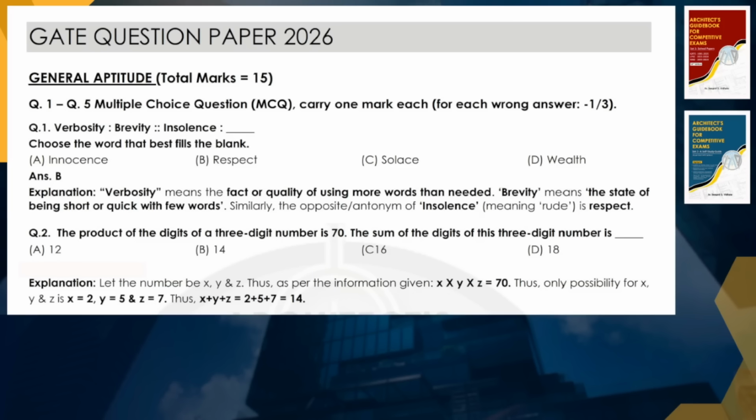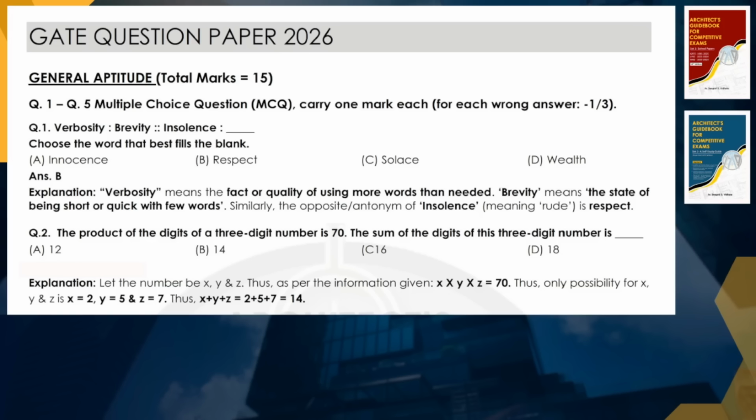If you see, the only possibility for x, y, z is x equal to 2, y equal to 5, and z equal to 7. Just assume that they are in increasing order, right? Because 70 is not divisible by 3, 4, 6, 8, or 9, and we need to fulfill the condition that the multiplication is 70.